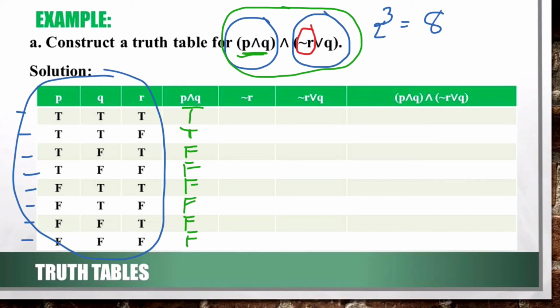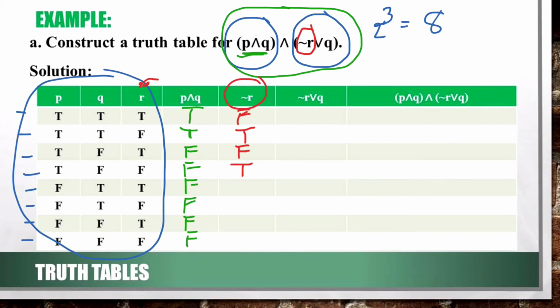Next, we have this not R or the negation of R. So, if it's the negation of R, kabaliktaran ng part na to. So, if it's true here, dito false na siya. If it's false here, magiging true. If it's true, magiging false. Okay, sorry, may mali. Negation pala to. So, if it's true here, magiging false.